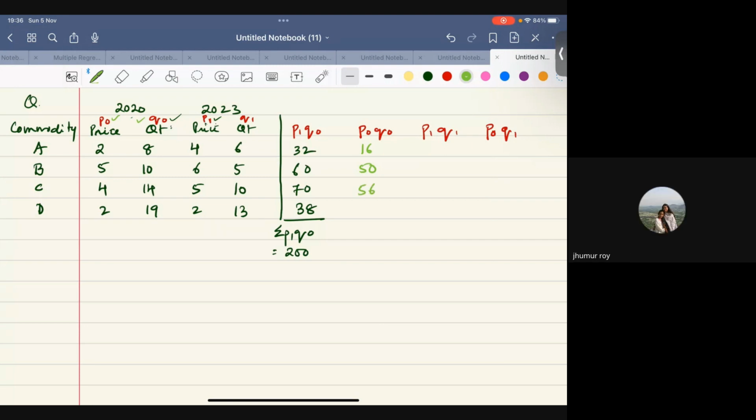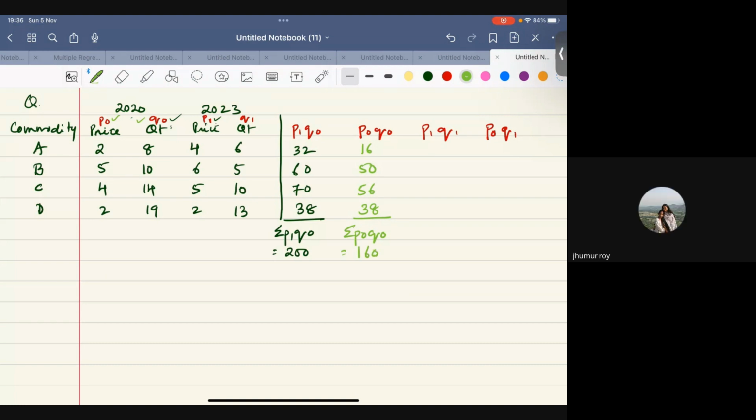And last will be 2 into 19, 38. So this will give you the value of sigma P0 Q0. Find it out. 106.